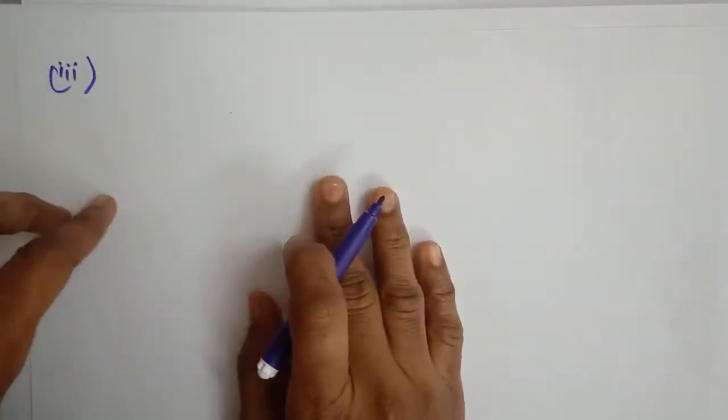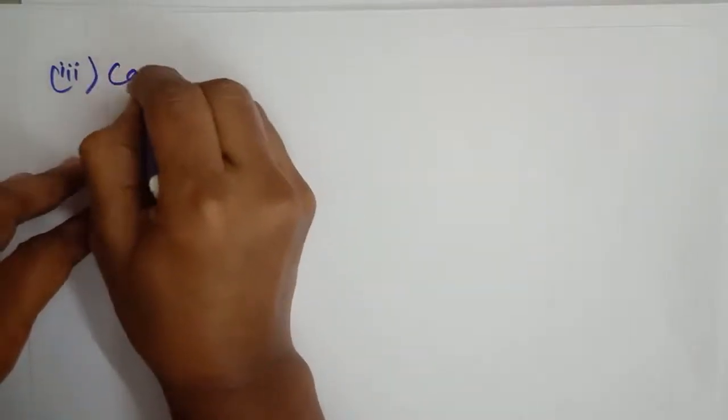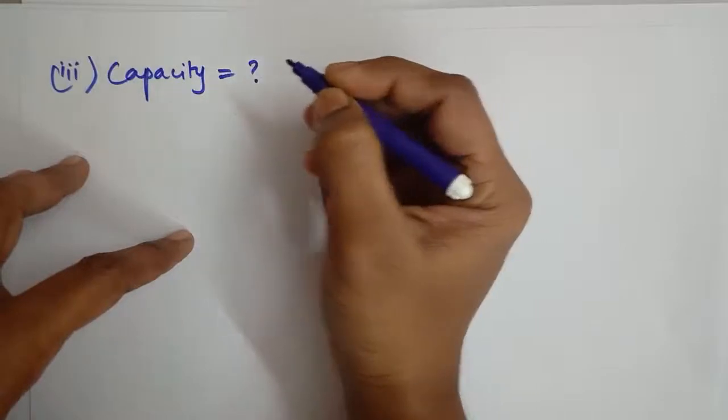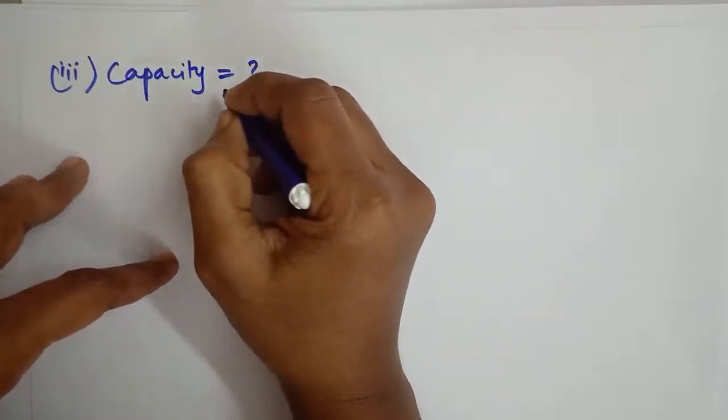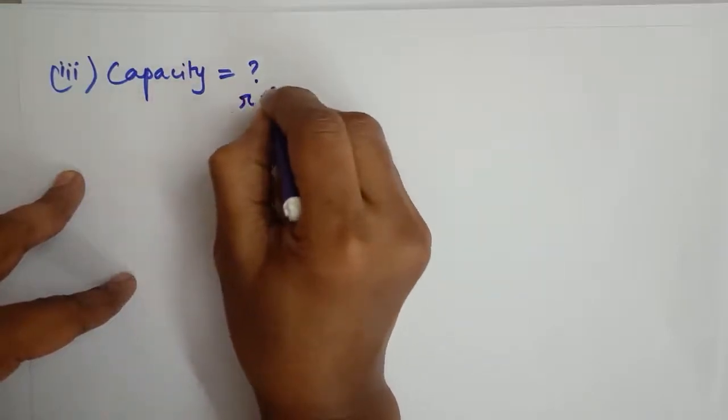Then the third subdivision, capacity of the vessel. Capacity is equal to what? This is a cylindrical vessel, so what is the formula of capacity? Pi r squared h.